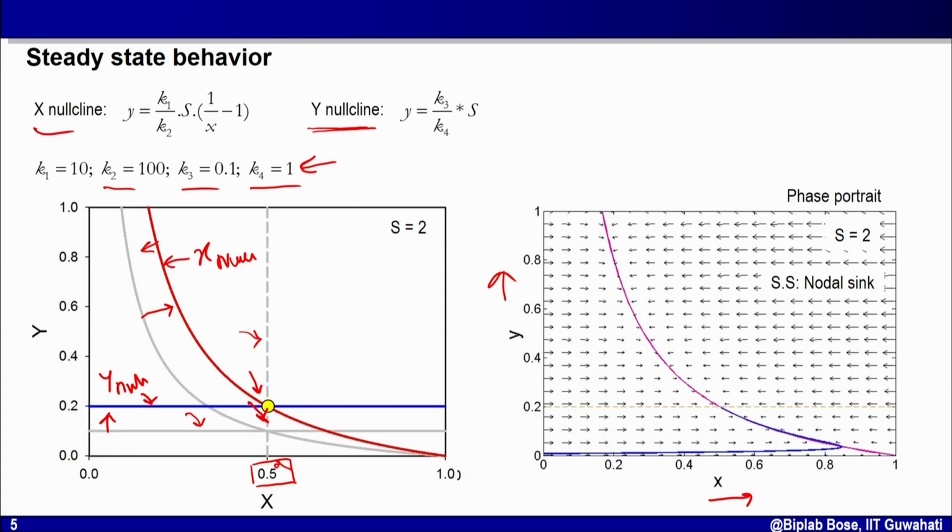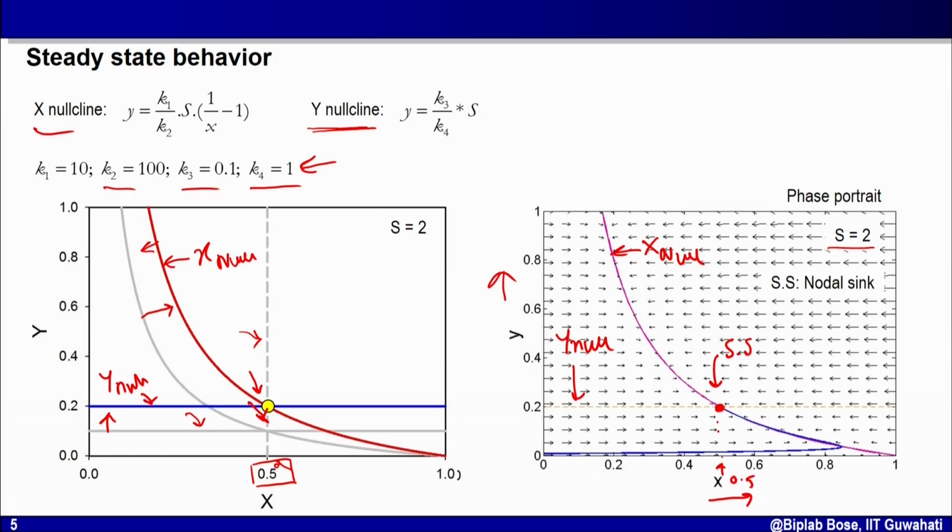I have drawn the phase portrait considering s equal to 2, and this is my x nullcline, and this yellow one is my y nullcline. Let me erase this one. So now the intersection point is here. So this is my steady state. And you can easily see that it is coming at around 0.5.